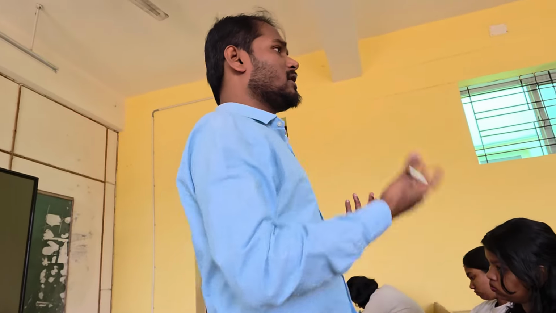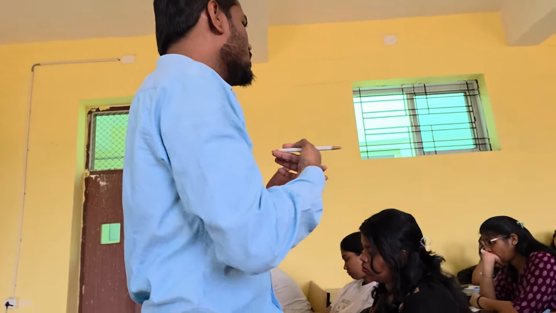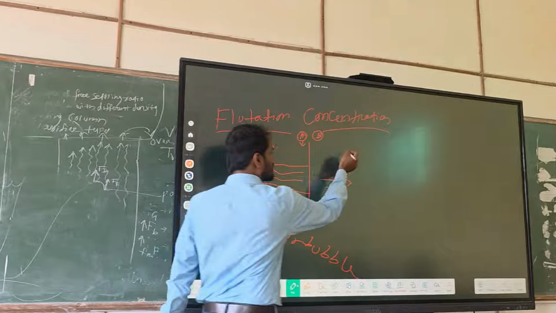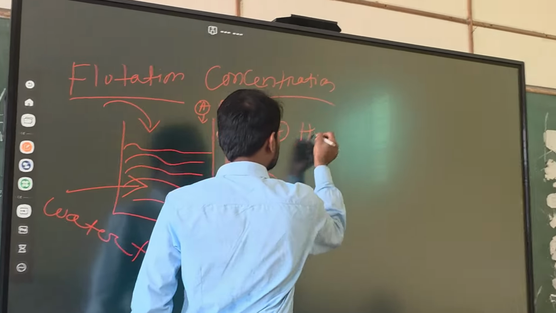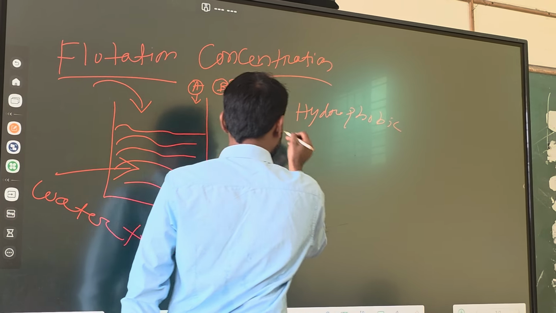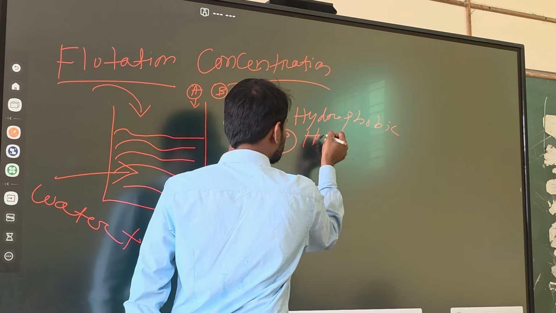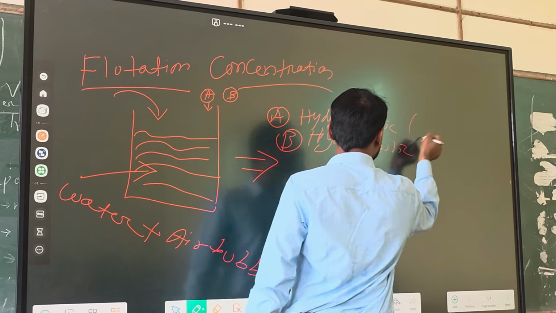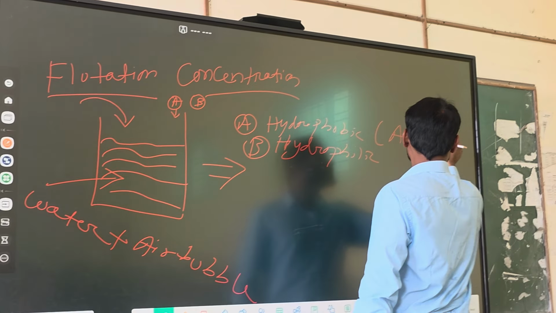Some people also call it aerophilic. Aerophilic means they will be attracted towards the air or air bubbles. So A is, for example, hydrophobic, or aerophilic, and B is hydrophilic.